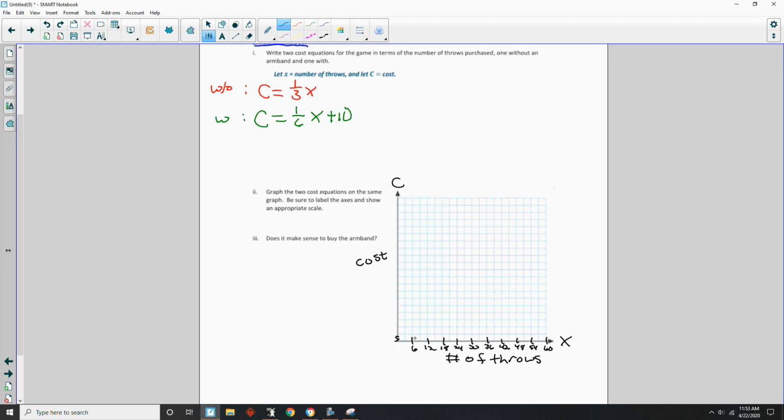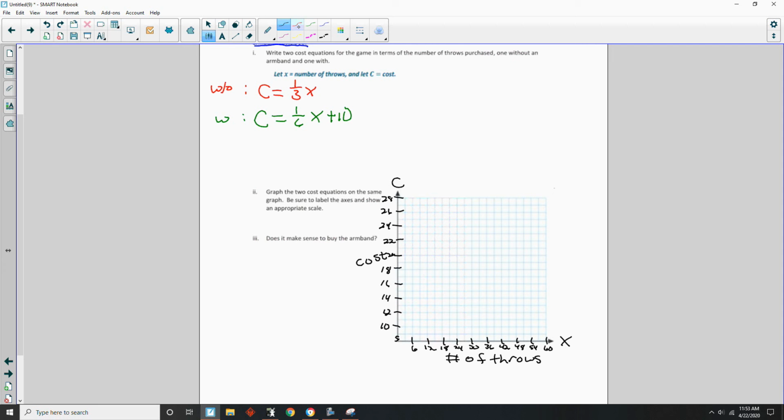And my first point is going to be 10 up here. I'll start 10 here, and I'll go in increments of 1s. So 10, 11, 12, 13, 14, 15, 16, 17, 18, 19, 20, 21, 22, 23, 24, 25, 26, 27, 28.